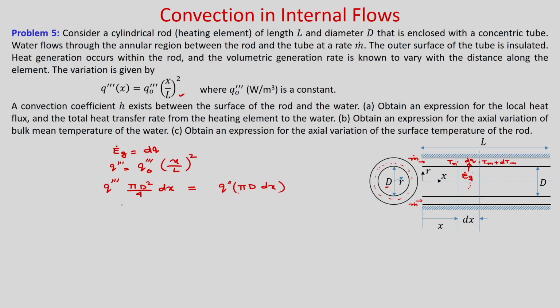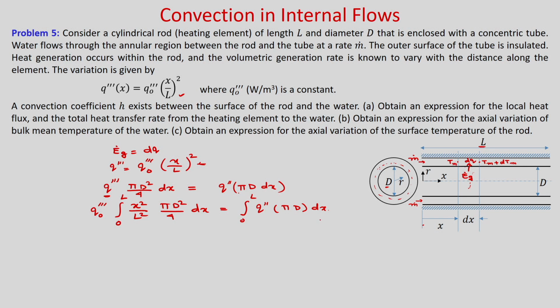So, what we will do now is put this expression here, because q naught triple prime is constant, and we will integrate it from 0 to L. L is the length of the pipe, so x equal to 0 to x equal to L. So, we will write q naught triple prime, integral 0 to L, x square by L square pi d square by 4 into dx, is equal to integral 0 to L q double prime pi d into dx.